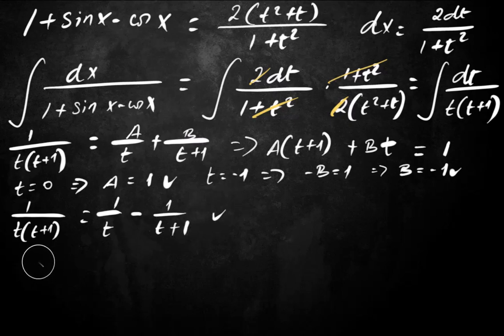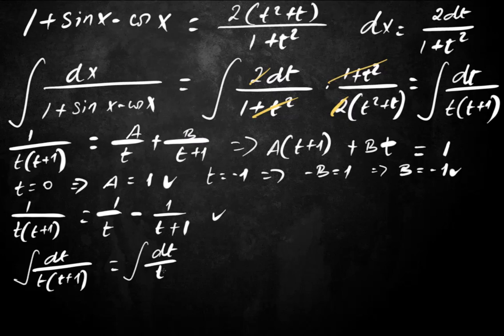So we go back to our integral. So integral of dt over t times t plus 1 is equal to integral of dt over t minus integral of dt over t plus 1.